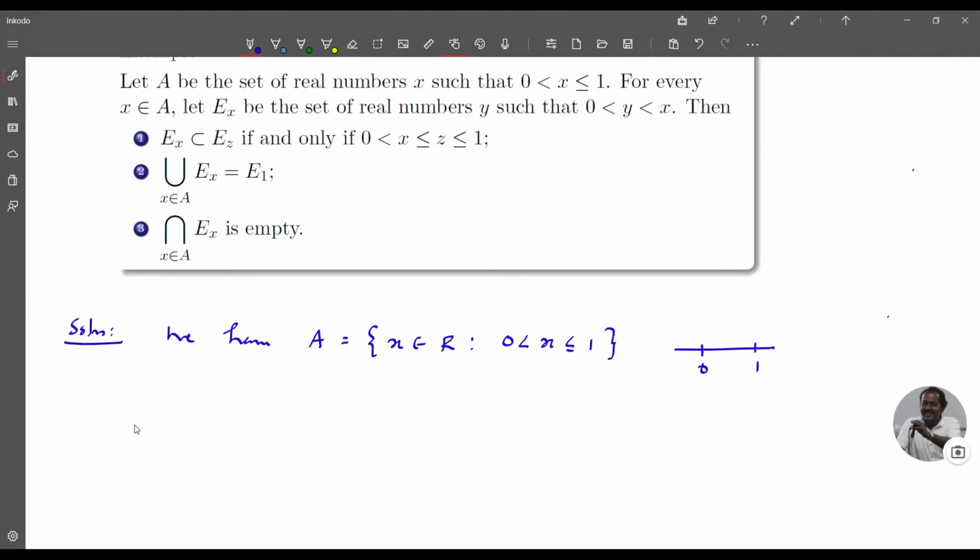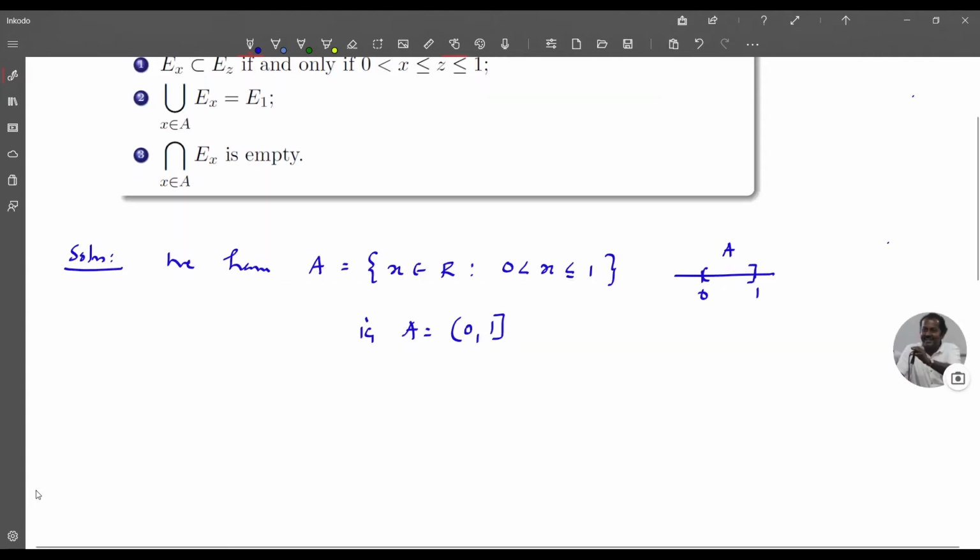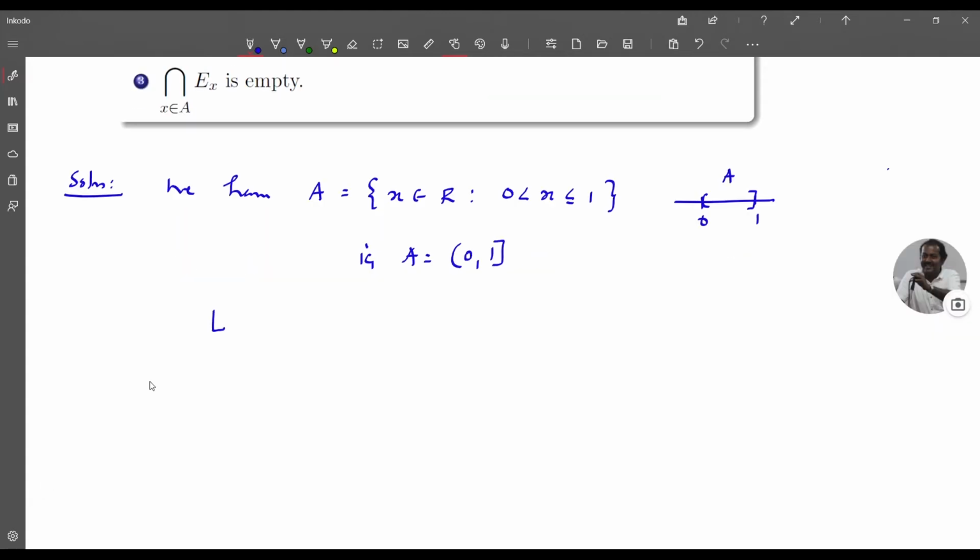So closed at 1, open at 0. So this is your set A. So A is actually equal to (0,1], and by definition Ex is the set of y in R such that 0 less than y less than x.